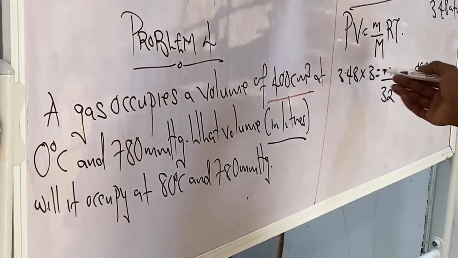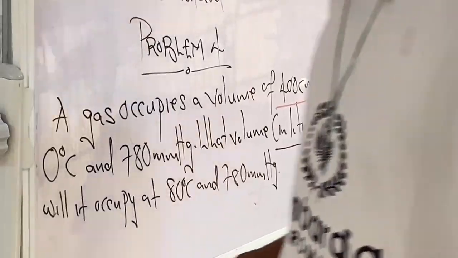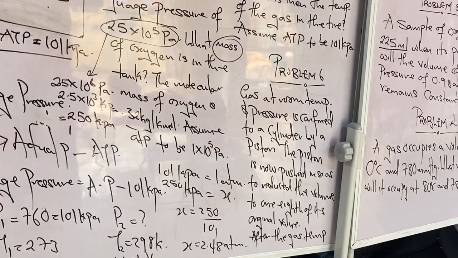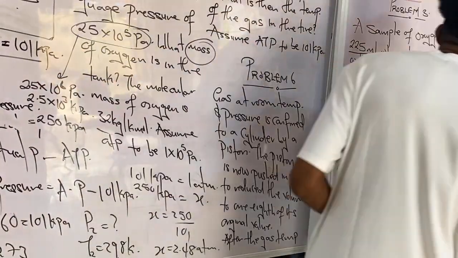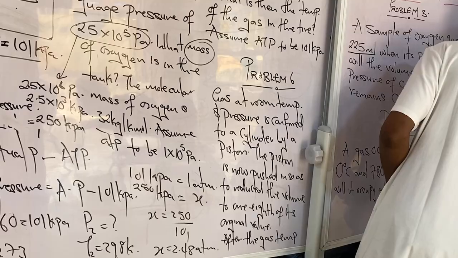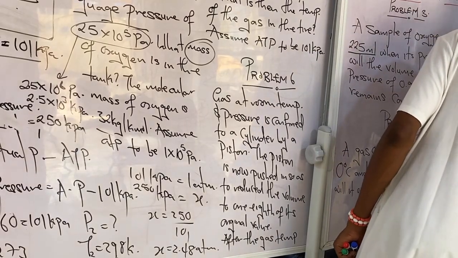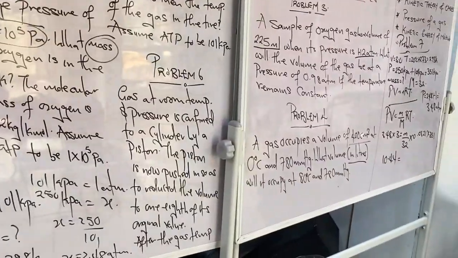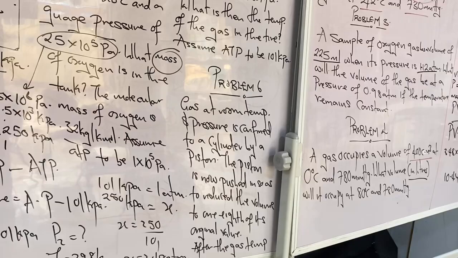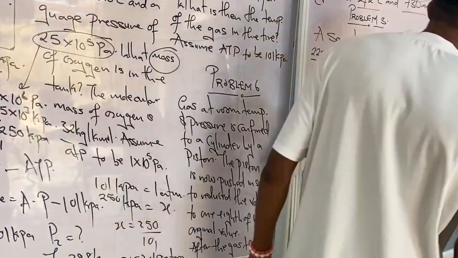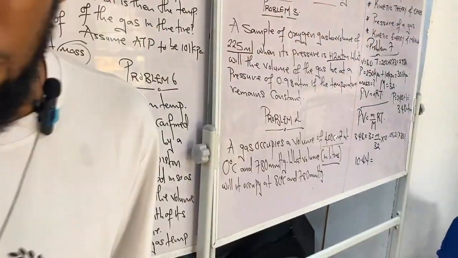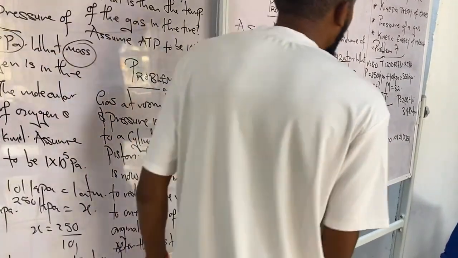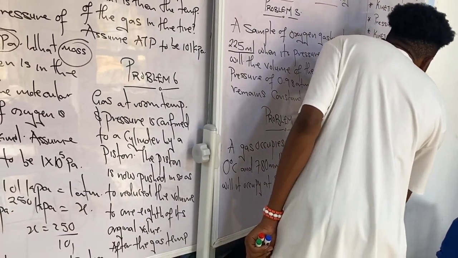And therefore we can solve this. 3.48 times 3 gives us 10.44. So 10.44 equals 0.0821 times 351, which is 28 point something, divided by 32. That gives us 0.9. So here I'm having 0.9 m.